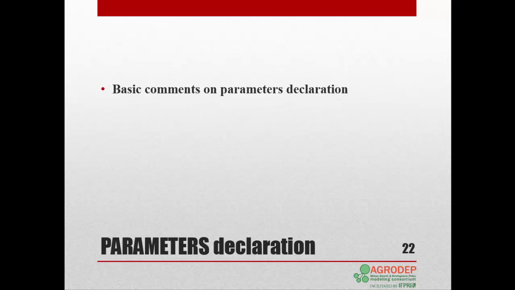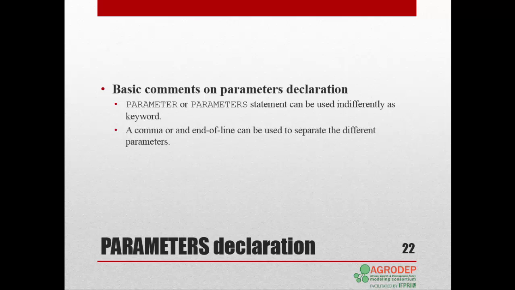To summarize some main points on parameter declaration, GAMS does not differentiate between the plural or singular of keywords, so parameters or parameter can be used indifferently as keywords. And GAMS does not differentiate between capital and lowercase characters. You can use a comma or end of line to separate the various parameters. And although explanatory text is optional, it is strongly recommended to add text for documenting purposes.